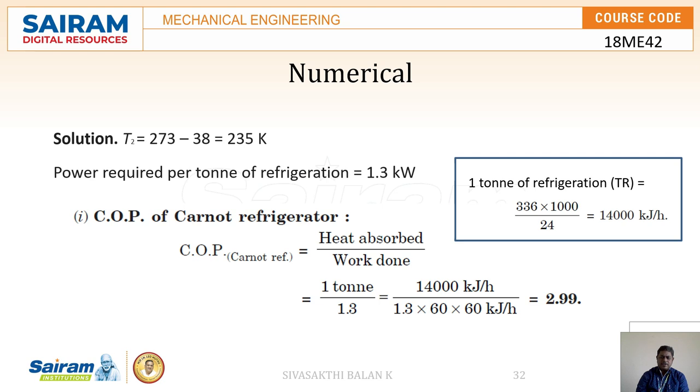So we replace 1 ton with 14,000 kilojoules per hour, and convert 1.3 kilowatt, which is kilojoules per second, into kilojoules per hour, so that the numerator and denominator are both in the same unit. You need to convert that without forgetting, otherwise you will get a different answer. Finally we get 2.99 as the COP for the Carnot refrigerator.